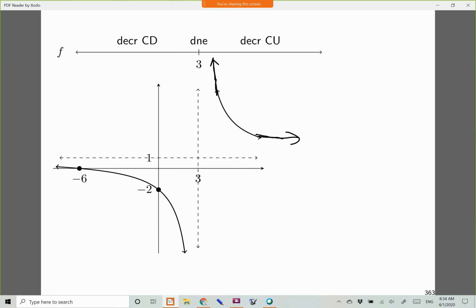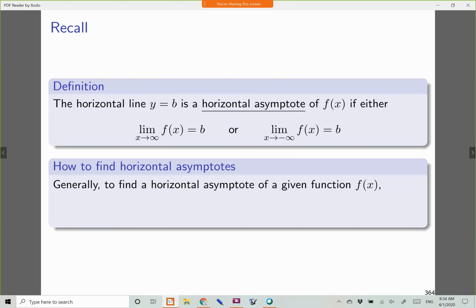I'll just point out, because I don't have a lot of time left, that the rest of the slides I have in class are meant to review some things from earlier. No need to write all of this down right now. These things were said before exam 1, but there's that official definition of horizontal asymptote.